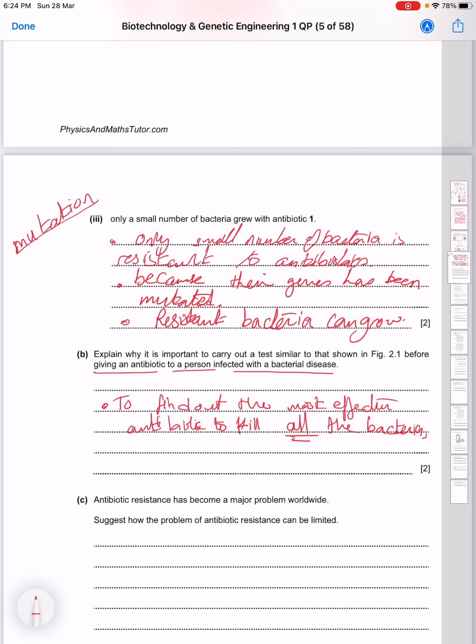As I mentioned, not only to cure the person, so I would add to cure the person, and not only that, also to prevent antibiotic resistance. I don't want antibiotic resistance. I need to make sure that I'm using the correct antibiotic, otherwise the bacteria may develop some resistance.